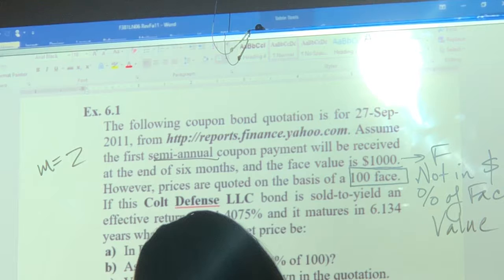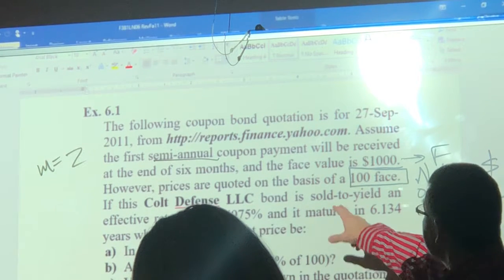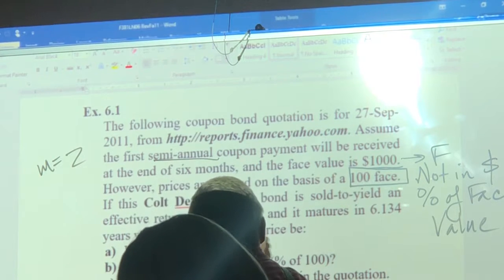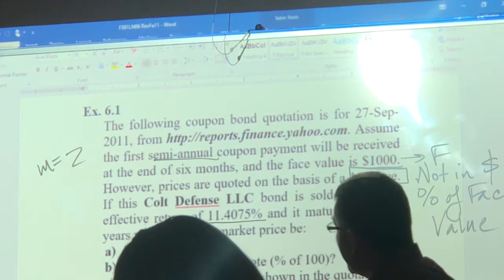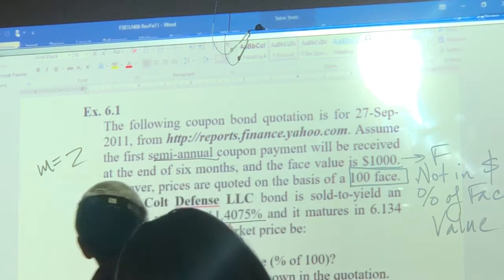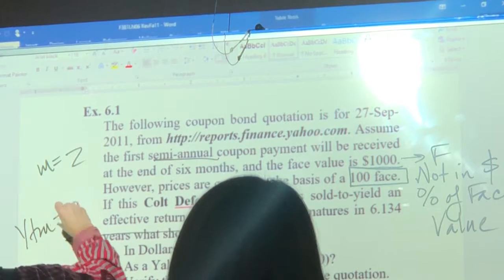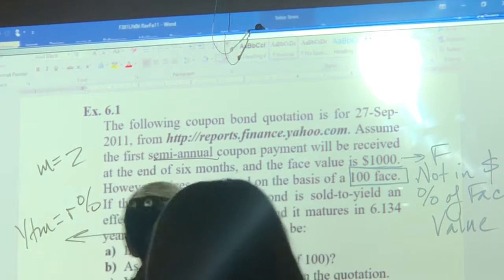This one's issued by Colt Defense, sold to yield an effective return of 11.4075, so that's going to be our discount rate, or the YTM.